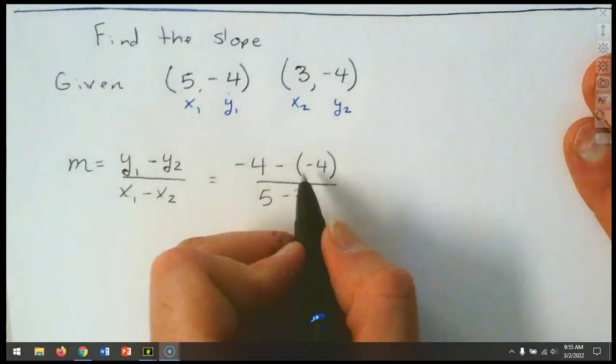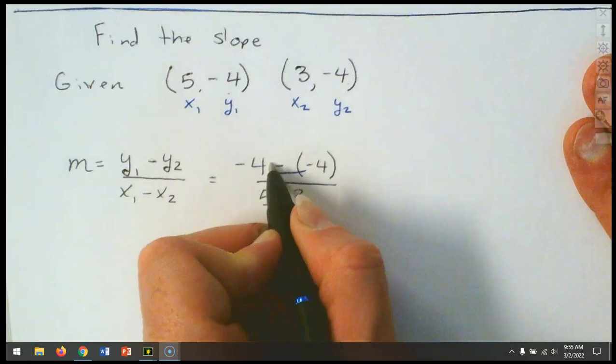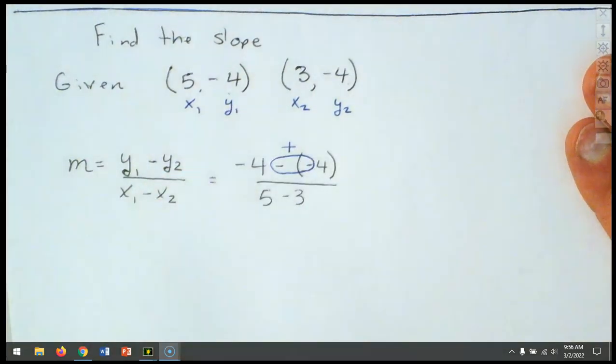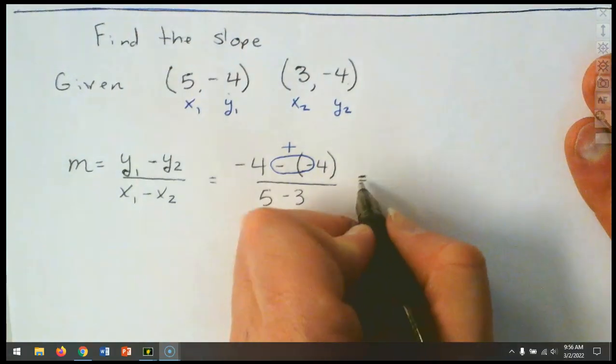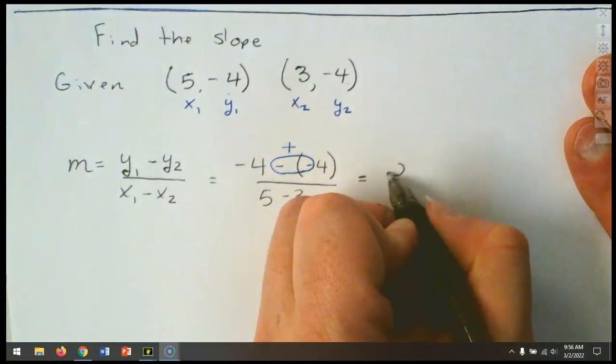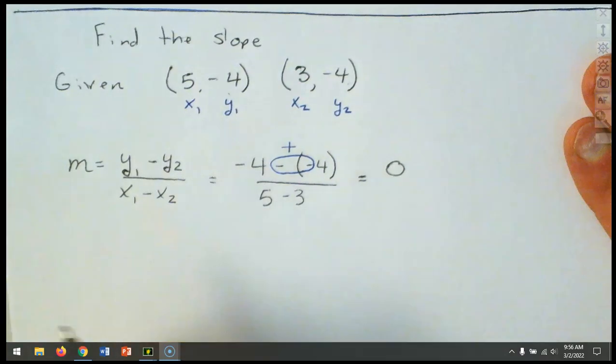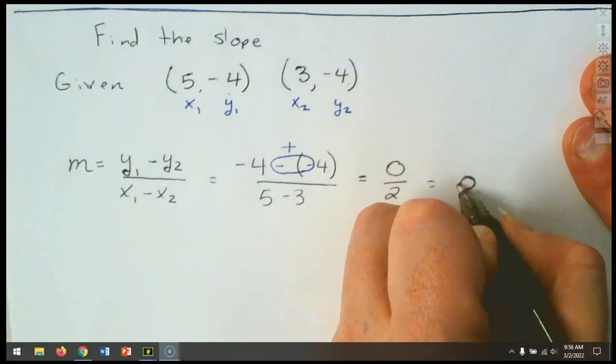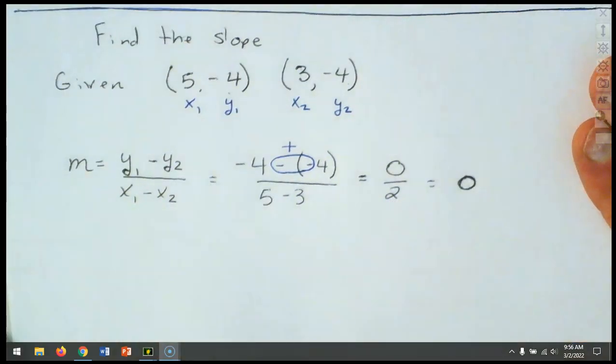Always be very careful and take your time with the double negatives. The double negatives here make this then positive, and minus 4 plus 4 makes it 0. 5 minus 3 is a 2. 0 divided by any number is what? 0. So your answer on that one then would be 0.